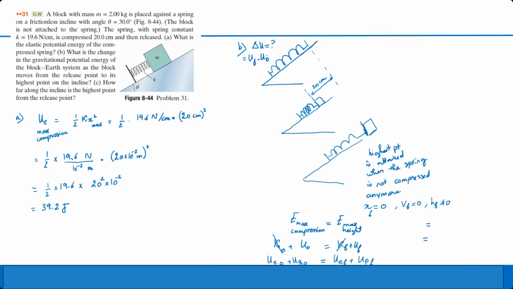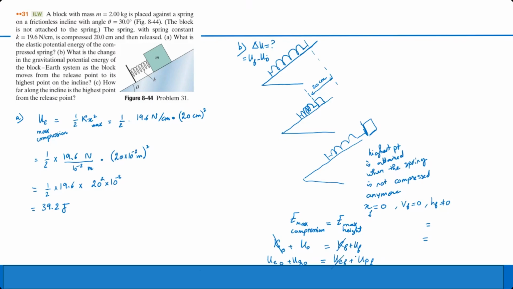So notice how here I have an oblique spring, so I will have both gravitational and elastic potential energy. One thing I want you also to see is at the final point, x final is 0. The spring is not compressed. So this will be 0 as well.